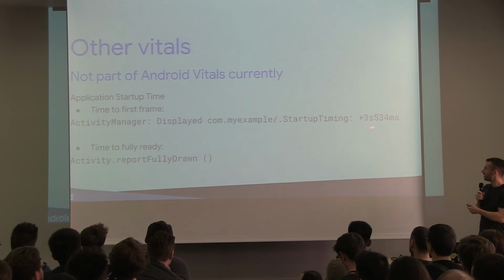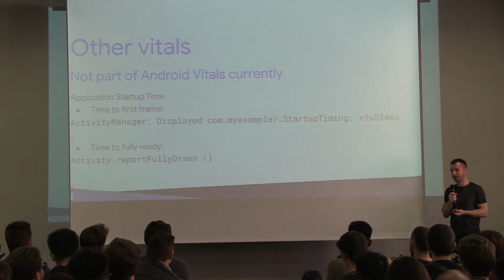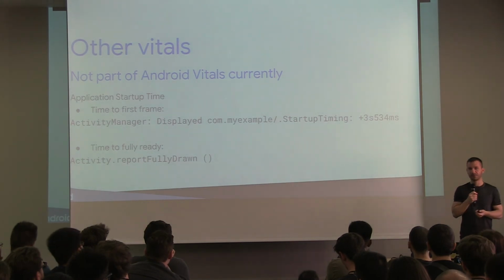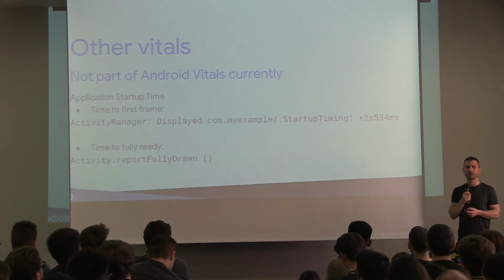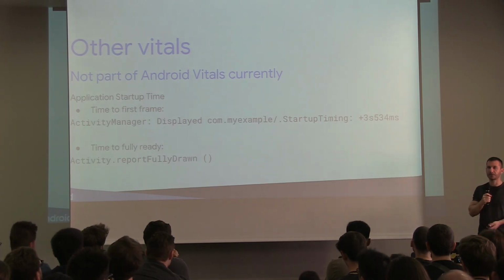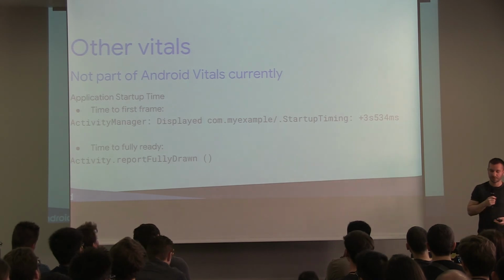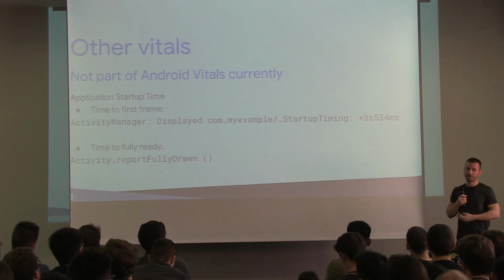You can look at this and see if this value is too large. Well, 3 seconds is probably way too large for an app. And then think about removing stuff from your application on create, reducing the number of content providers that you have in your app, because content providers are actually eagerly created before all the other components in your app. And try to bring this value down.